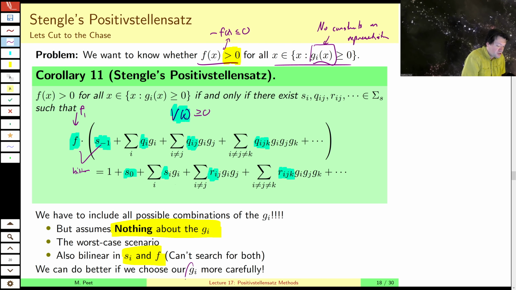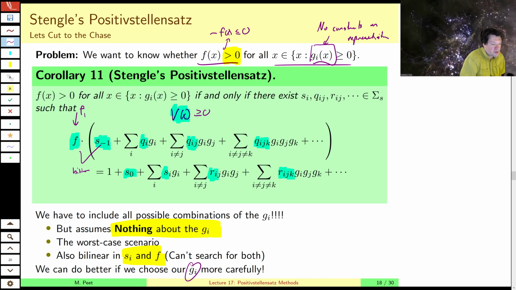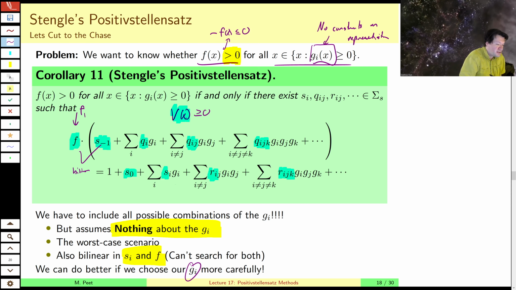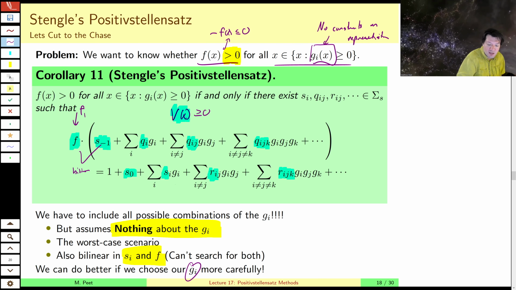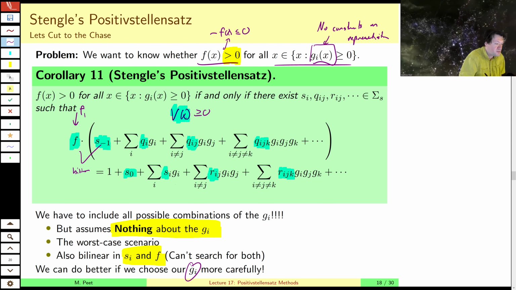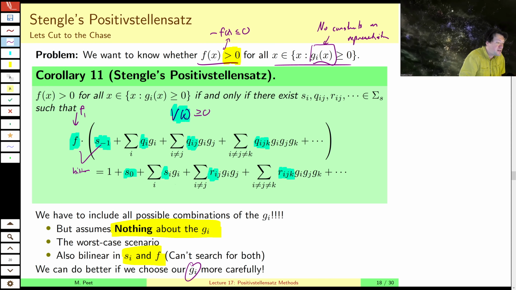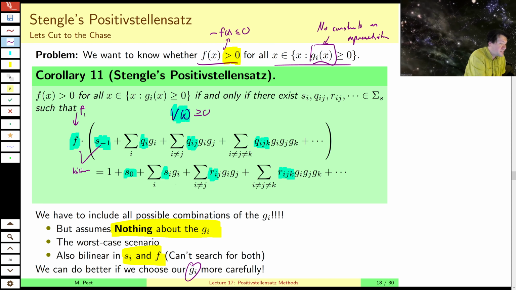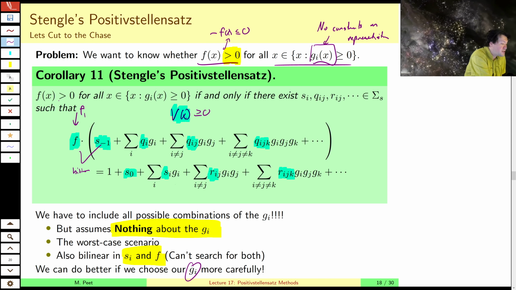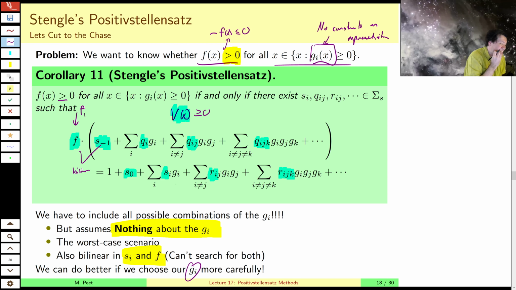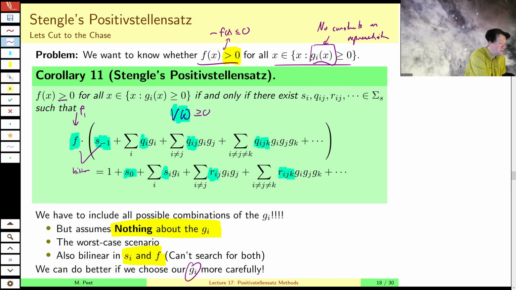However, if we can choose our g's a little bit more carefully or cleverly, we can actually improve this result. Before I do that, there is a weak version of Stengle's Positivstellensatz, which allows you to relax this inequality constraint to be semi-definite.